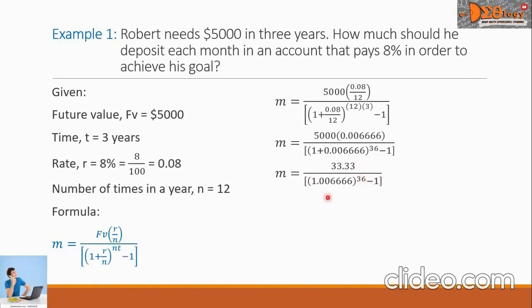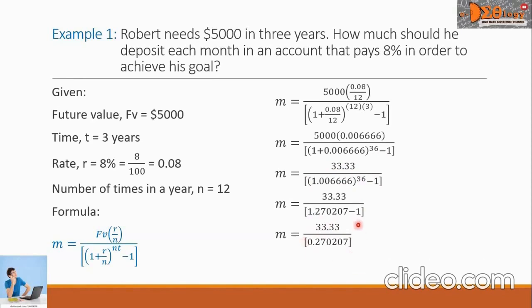We can get the simplified value of this decimal raised to 36, and the answer is 1.270207. And if we subtract this by 1, this whole number 1 here will disappear, and only a pure decimal will come at the bottom in the denominator.